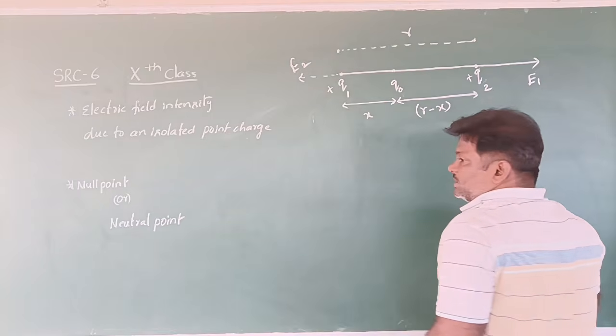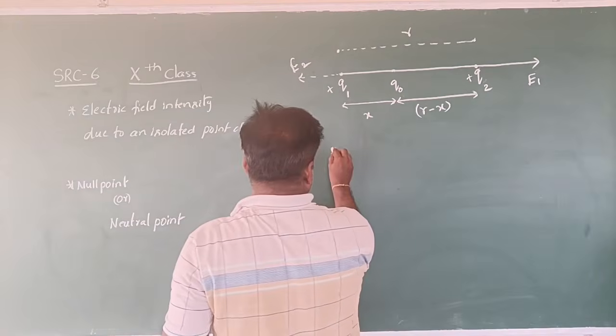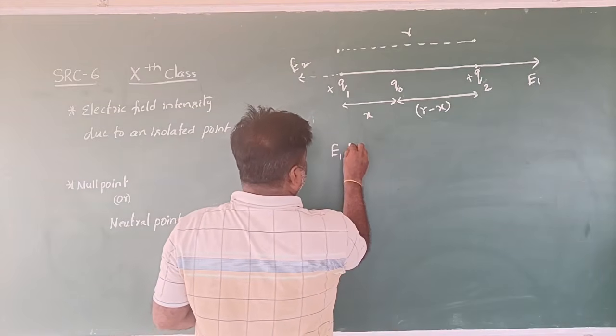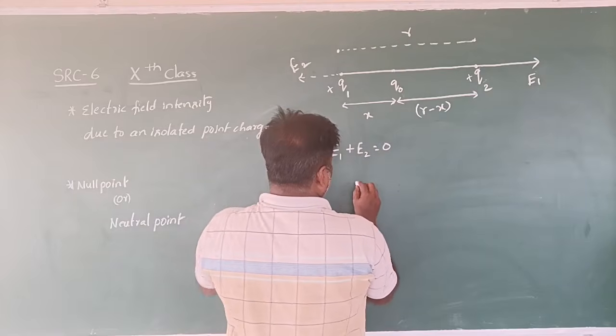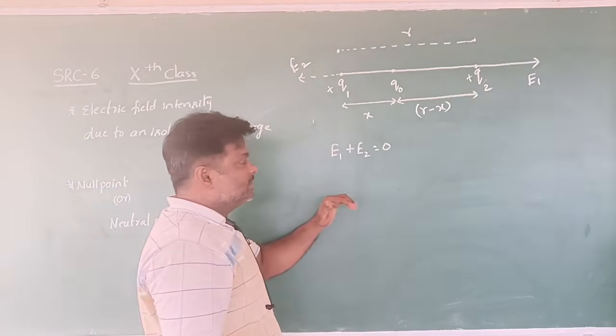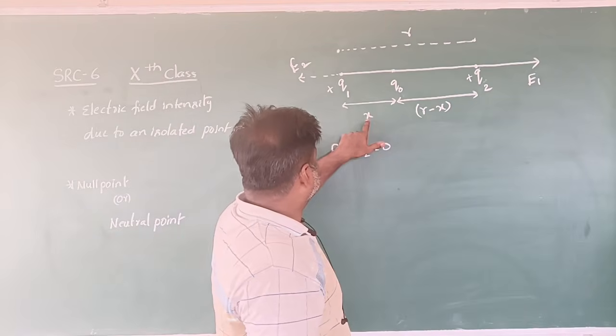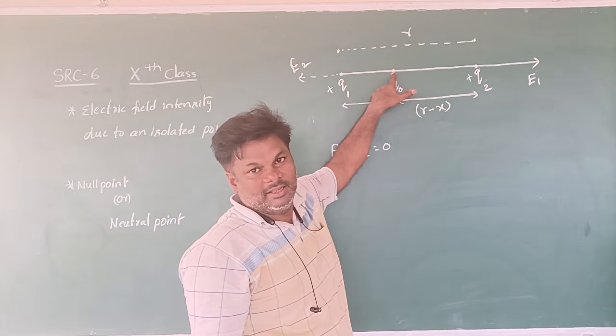Both electric fields are opposite to one another, so somewhere you will get E1 plus E2 equal to 0, when it experiences zero force. That means the location of this x is a null electric field.